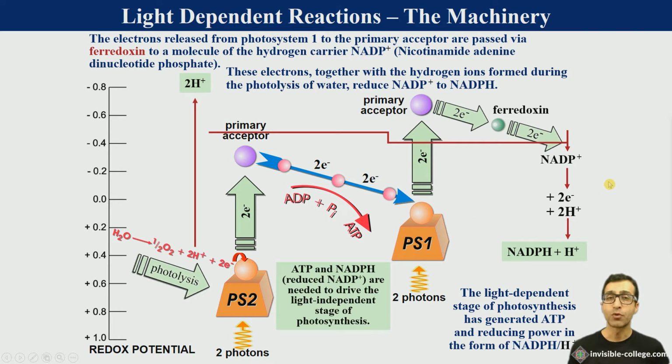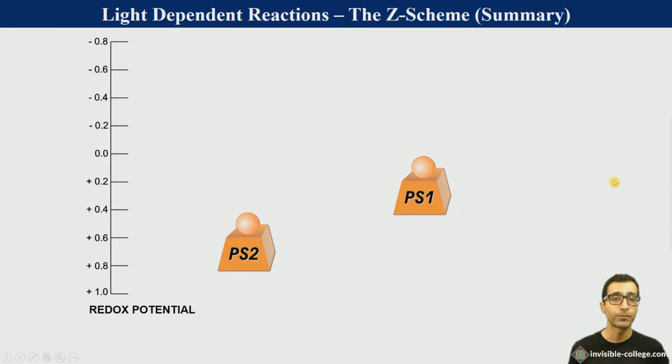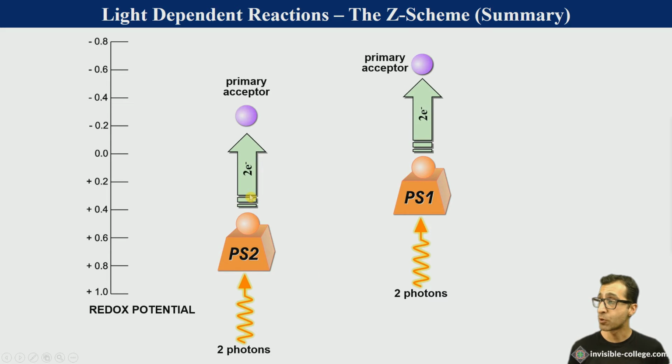So let's quickly summarize the light-dependent reactions in terms of what we call the Z scheme. So we have the absorption of two photons by the two photosystems. This then causes the promotion of two electrons from the reaction centers of those photosystems to primary acceptor molecules at these relative redox potentials here.